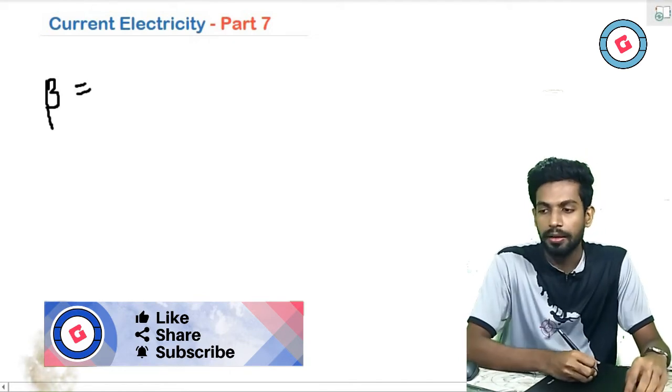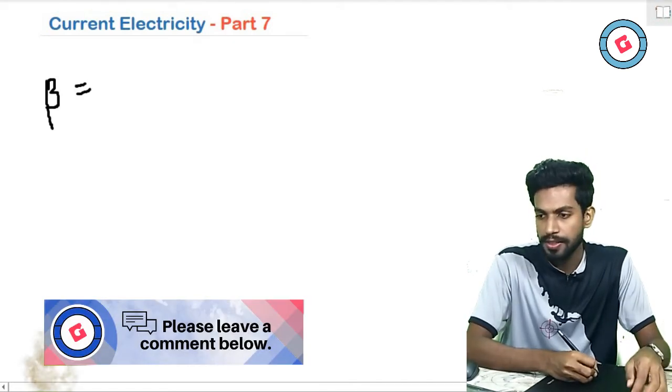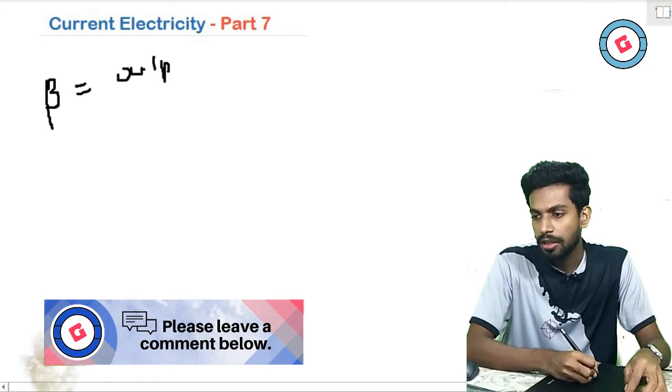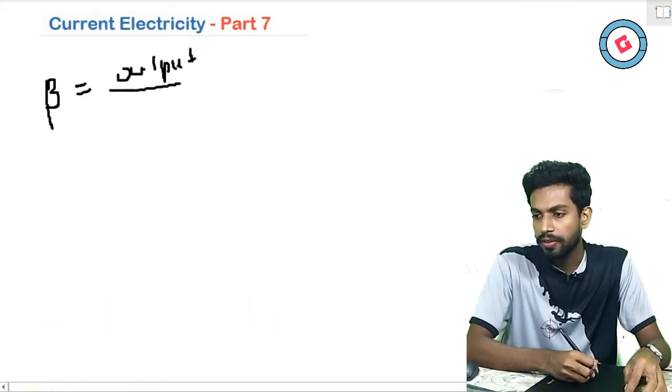So the efficiency is defined as the output divided by input.